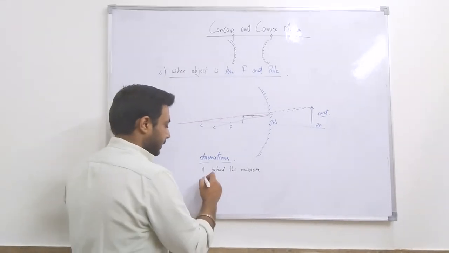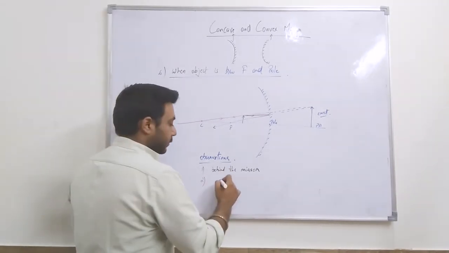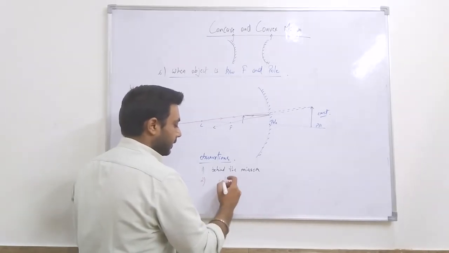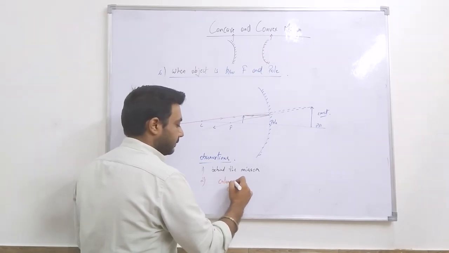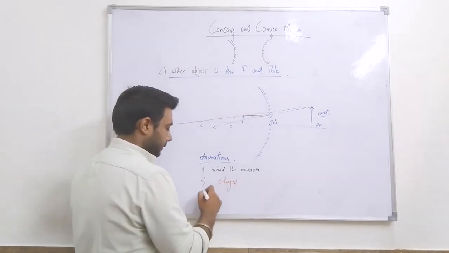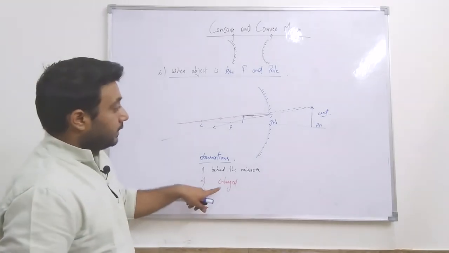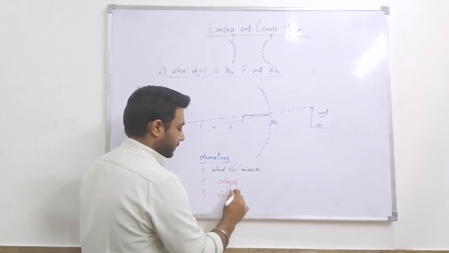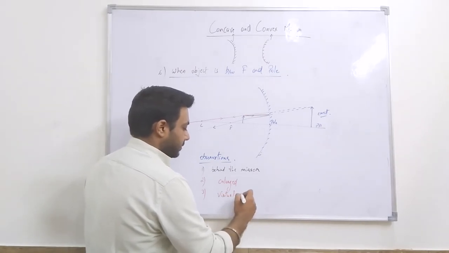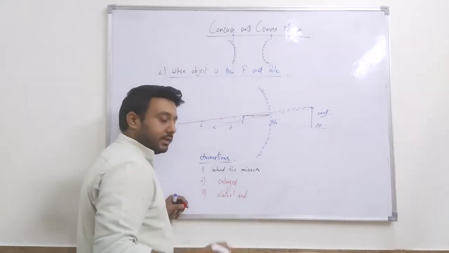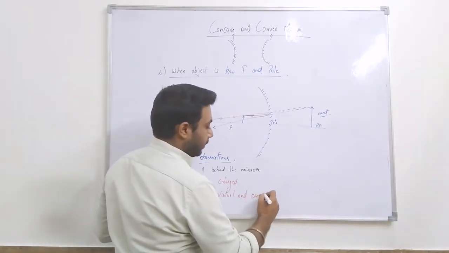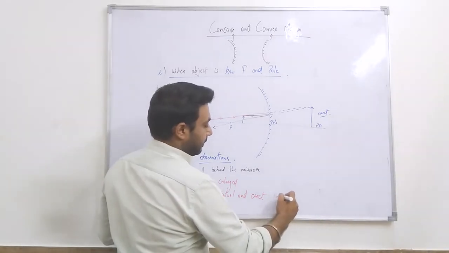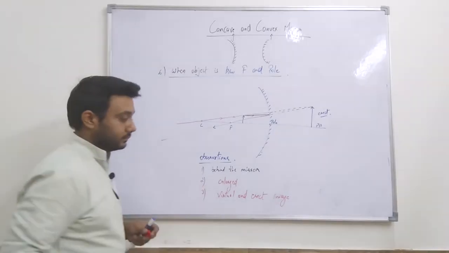Second point: you can easily see that it is an enlarged image. Third point: it is a virtual image, and the term associated with virtual is erect, and you can also see in the image that it is erect. A virtual and erect image is formed.